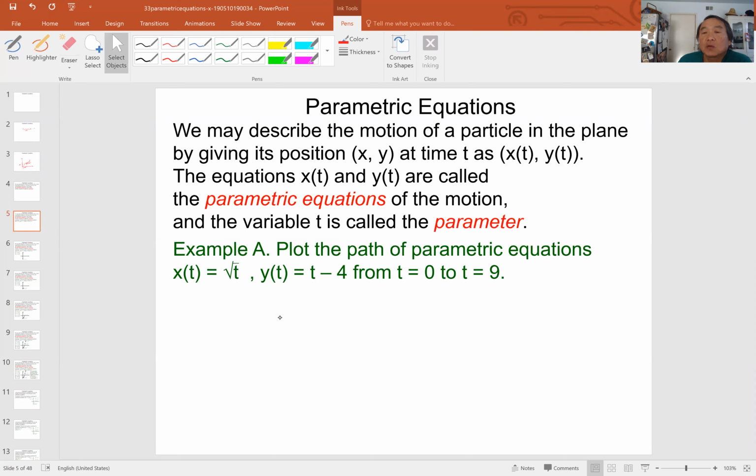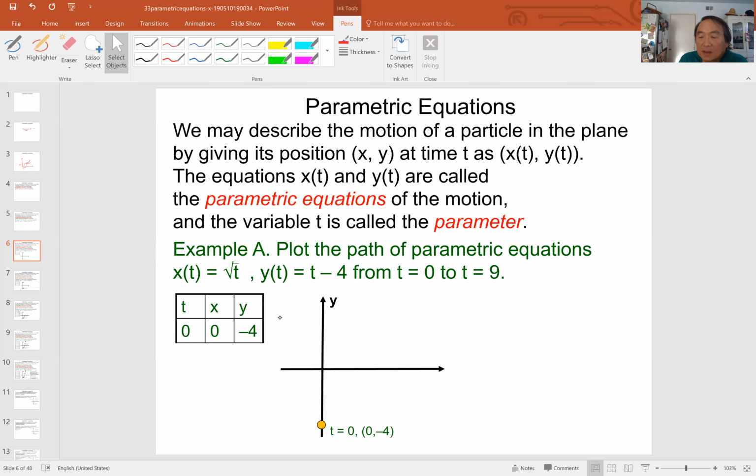From t equals 0 to 9 seconds, the point moves with x component square root of t, and y component t minus 4. So we plot them. At t equals 0, that's the location of the point, and we take snapshots. After 1 second, that's the position of the point. After 4 seconds we take a snapshot, and that's the point.